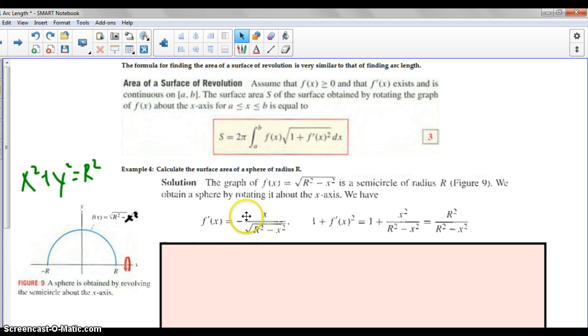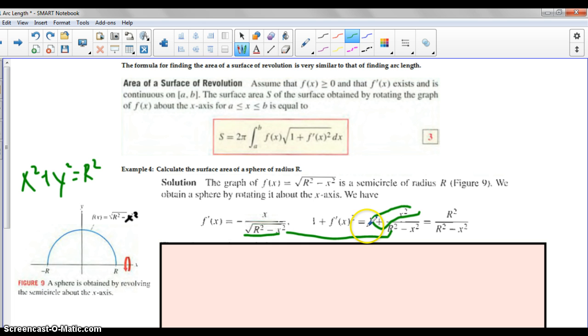So here's our derivative. Then we add 1 to it after we square it. So the derivative squared, that square root disappears when you square the derivative. So notice it's gone. The top goes up an exponent and it turns positive. Then we want to add 1 to it. To add the 1 to it, we just turn the 1 into a fraction.